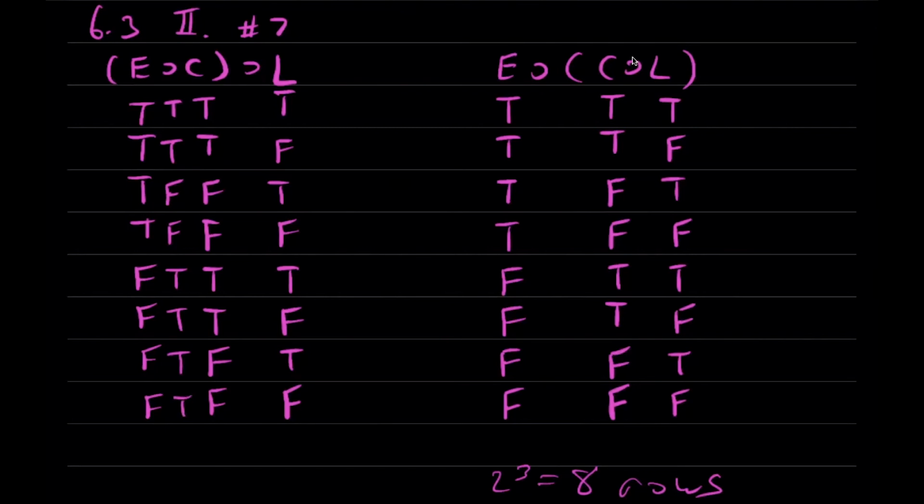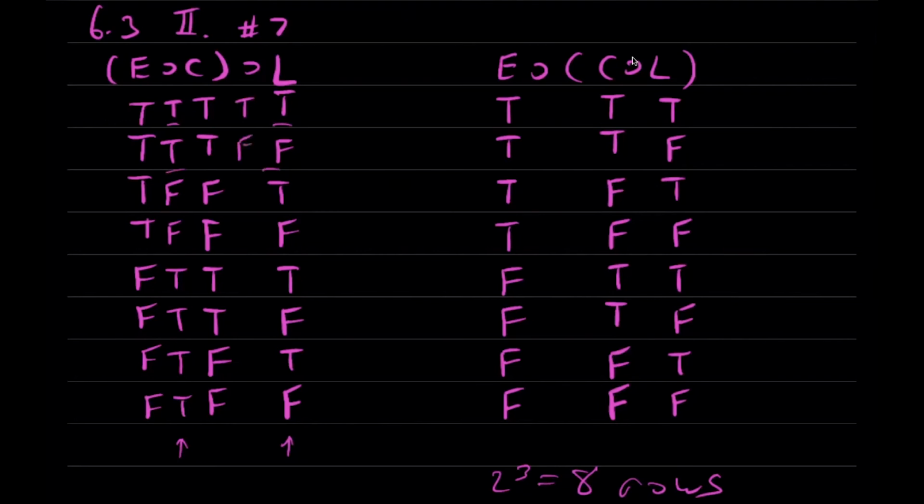Then we can get the value for this conditional that's the main operator of this first statement. So the two values we're going to use are the value underneath this first conditional inside the parentheses and the value for L. So we have something true implying something true. That's true. Something true implying something false, that's false.